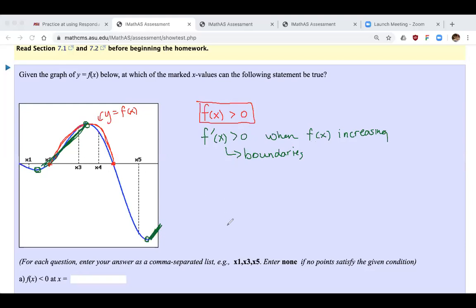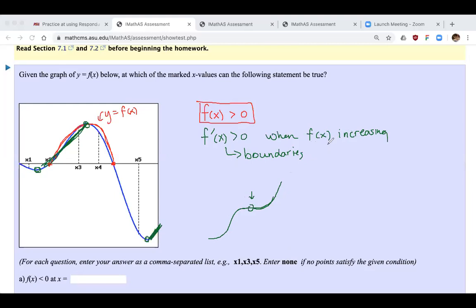Now this graph doesn't have one, but if I did have a graph that went up and then flattened out and then went up again, pretend this is just not going down, just going up again, I would say that it's increasing to the left of this and to the right of that. It's not increasing throughout because there's a spot where it's not increasing. So I also have to be aware of things like that in terms of boundaries.